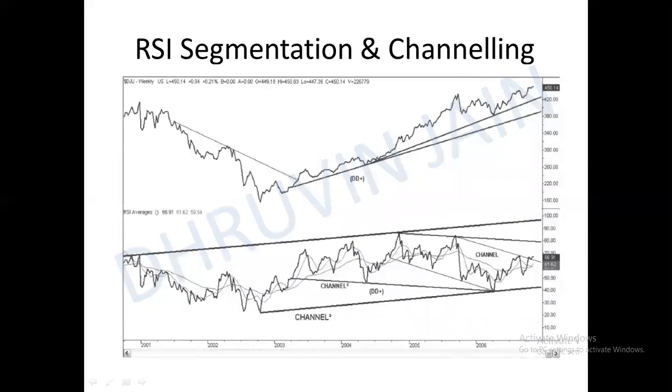So these are RSI segmentation and channeling. I'll explain how segmentation and channeling can be done. So guys, just concentrate. I'll try my best to explain the concept of segmentation and channeling, and how to use the concept of channel 2 and channel 3.